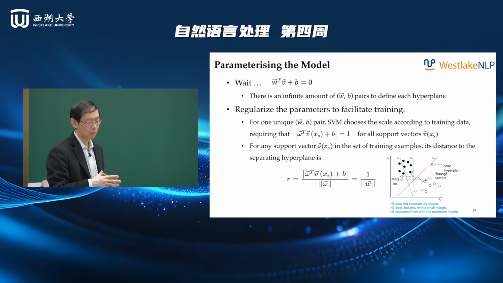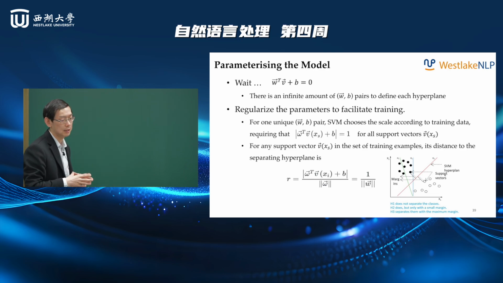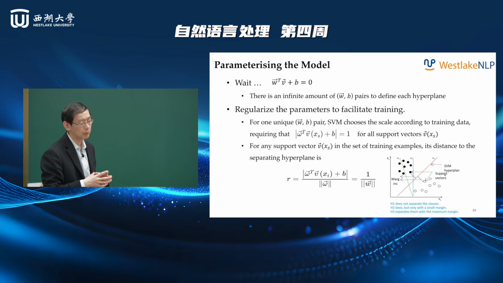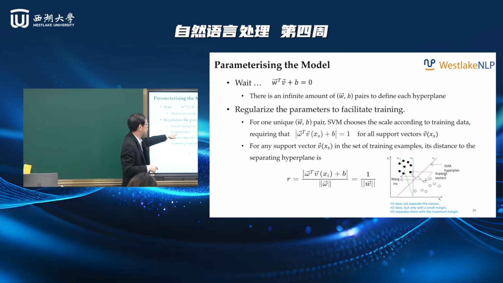So SVM does some clever thing in its parameterization. It says, I want to remove a free parameter by assuming that this equation is true for all the support vectors. I remove the free parameter by adding a constraint. That's feasible, right?